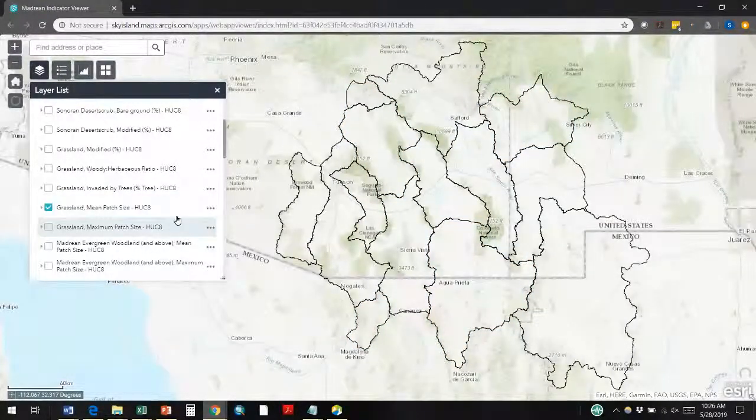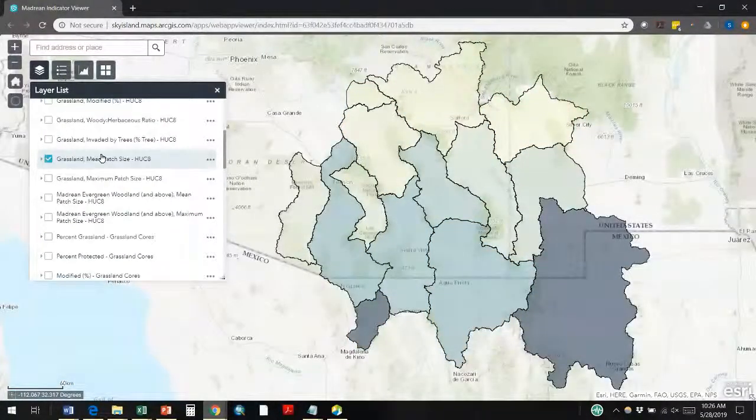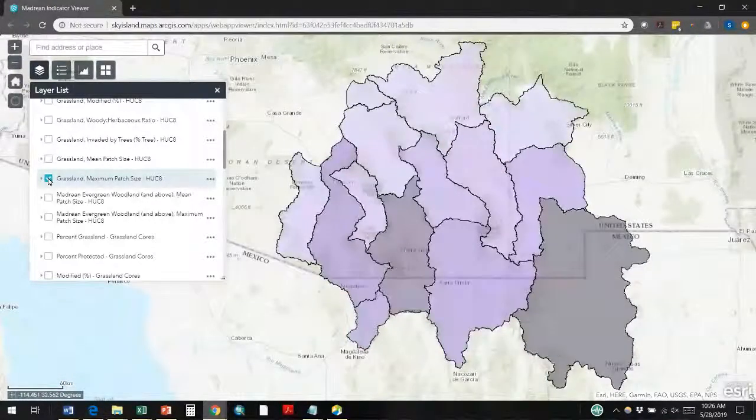And then here are a couple of the fragmentation things, like here's the mean patch size for grasslands. So you can see down here in some of the Chihuahuan Desert, it's still quite large patches of grassland. And then we also have the maximum patch size displayed.